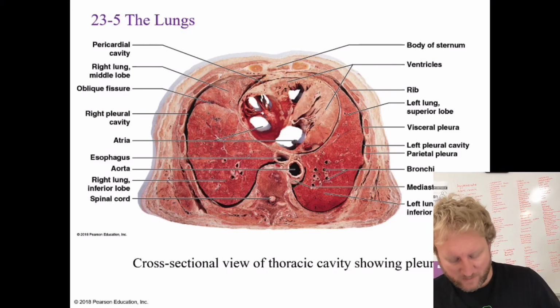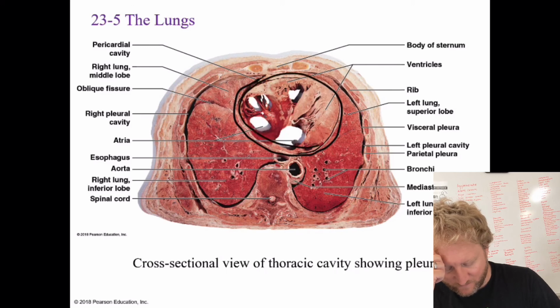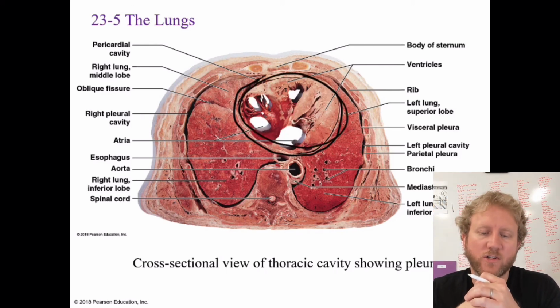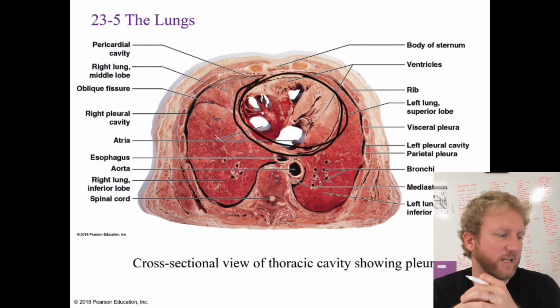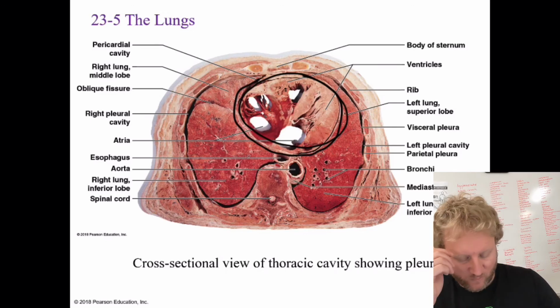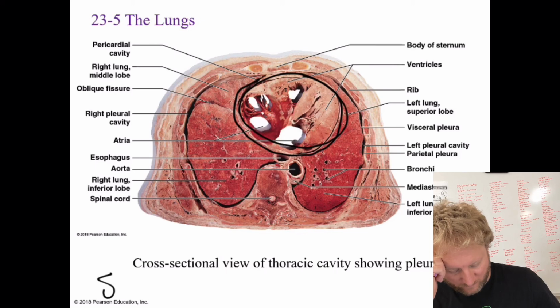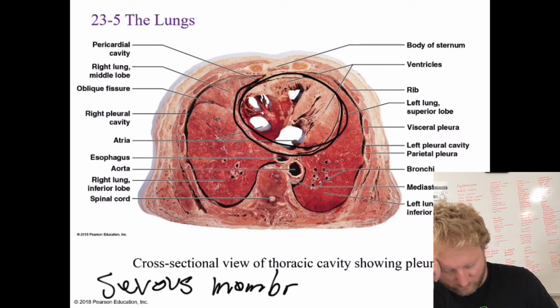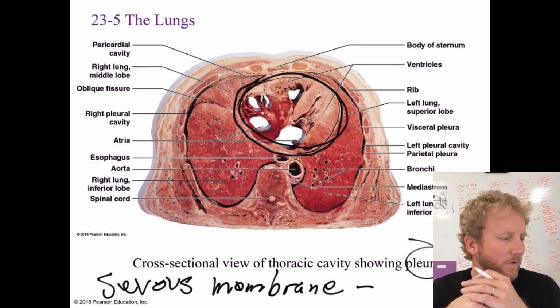The two cavities are separated by the mediastinum, which is the cavity that holds the heart. So the two pleural cavities are not continuous cavities. Each cavity is lined with a serous membrane, which is known as the pleura.